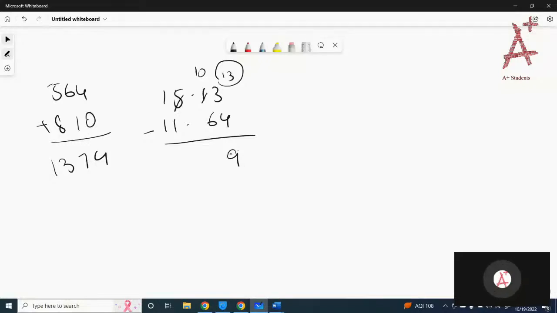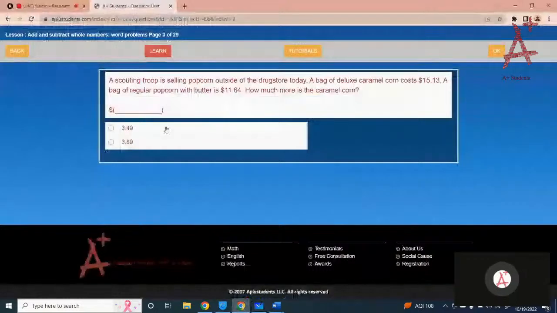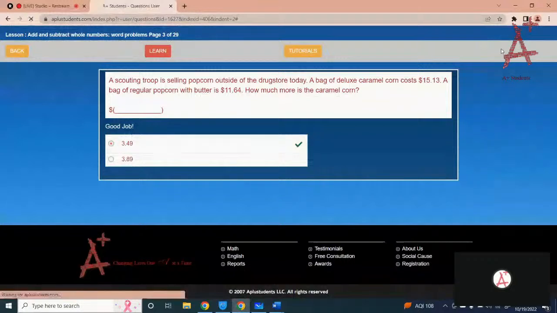So you have to borrow 1. It would be 10, and here you have 4. 10 subtract 6 is 4. Put a decimal point, and 4 subtract 1 is 3, and 1 subtract 1 is 0. That means the difference between their prices is $3.49. Got it? Select the correct option and click on the OK button.